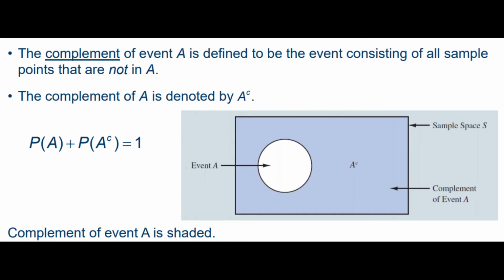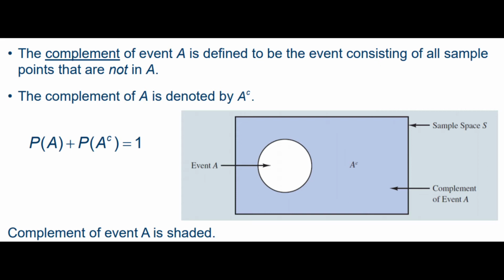Now let's use a graph to look at the complement. The circle is event A, or probability A happened. The rectangle is a complete event. Actually, it's a space. We use A^C for the complement.